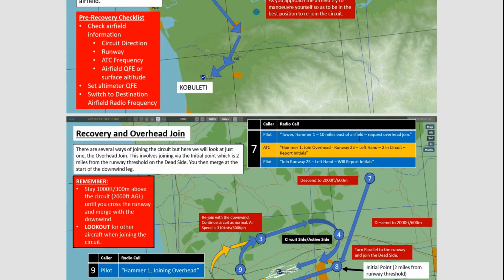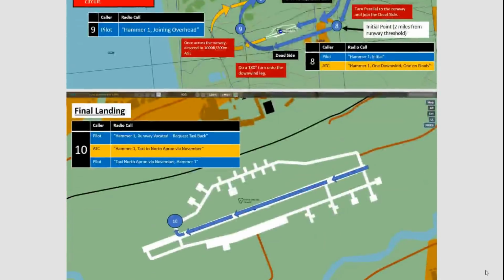Tower's a good word for it, and it suits everything. So what you do is: traffic, Hammer 1, 10 miles east of airfield for overhead join. And if it's controlled, then you do the request. Yep, so that's the only difference. And you'd still do things like reporting initials and joining overhead, because that's key information, so people will know where you are in the circuit.